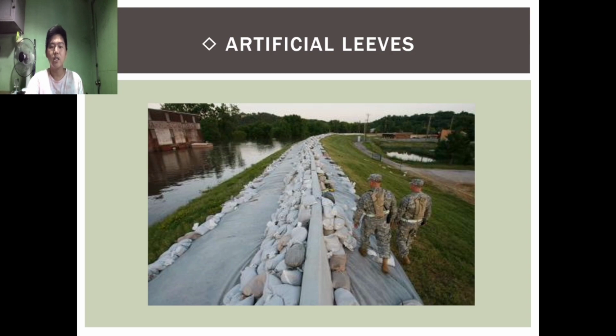So as you can see in the picture, ang artificial levees is composed of piling of rocks, hollow blocks, or sand that would prevent the rapid erosion of the water. So gamit kini siya kay aron din na siya ingon nga maka form sa Oxbow River, which is the curve or the abandonment of the Oxbow River.